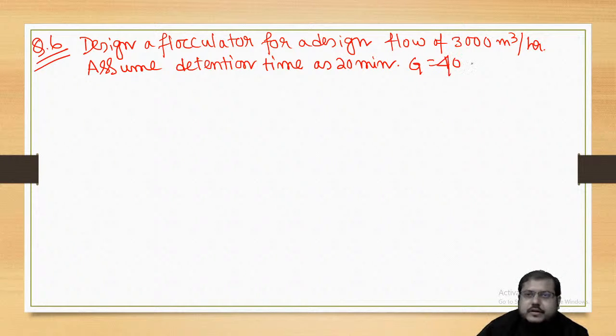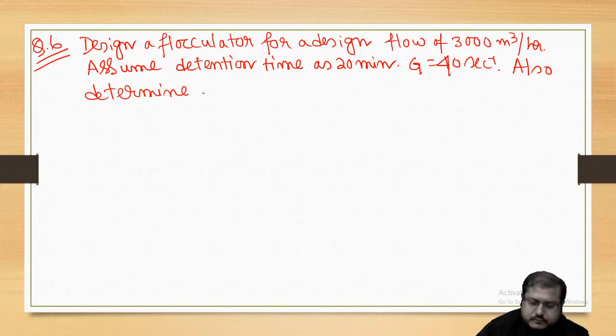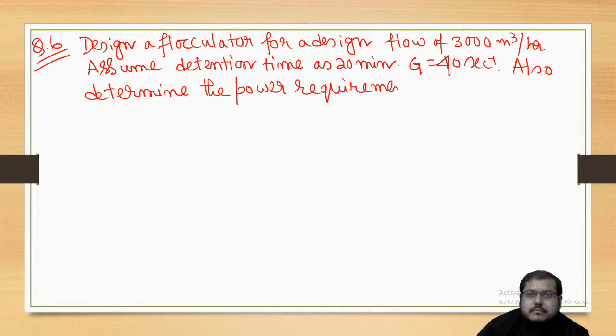G is 40 second inverse. Also determine the power requirement if mu is 1.0087 10 to the power minus 3 Newton second per meter square.